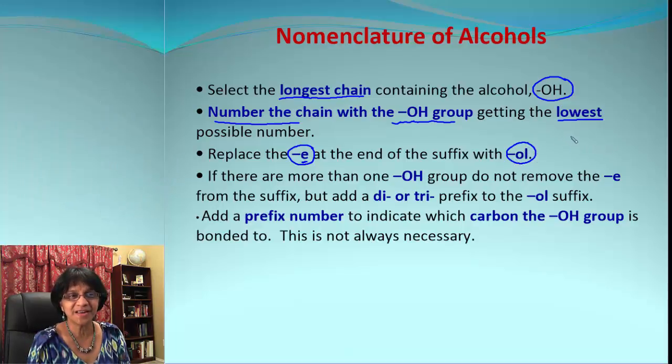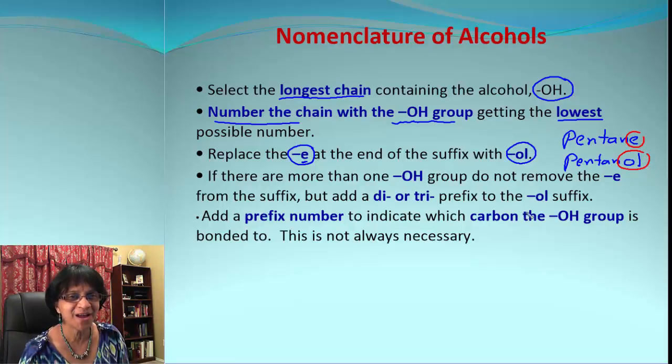So for example, if we have a 5 carbon atom chain, that is pentane. And then if we have an alcohol, we remove that E and we write down pentane, and we are going to add OL to that, so that becomes pentanol.